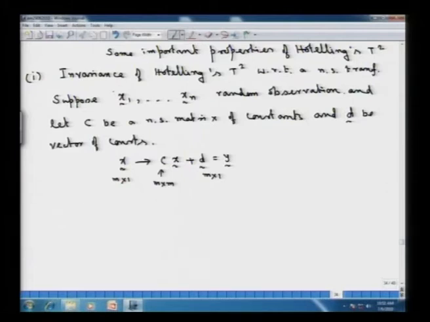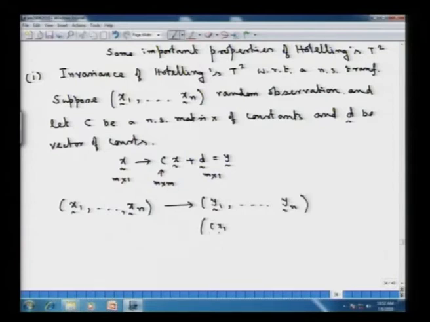From the original data x1, x2, xn, through the transformation we get a new set of observations y1, y2, yn, which are nothing but Cx1 plus D, Cx2 plus D, and the last one is Cxn plus D.